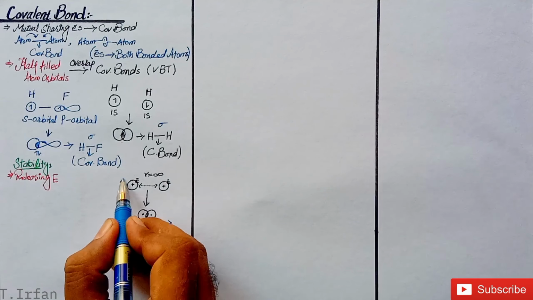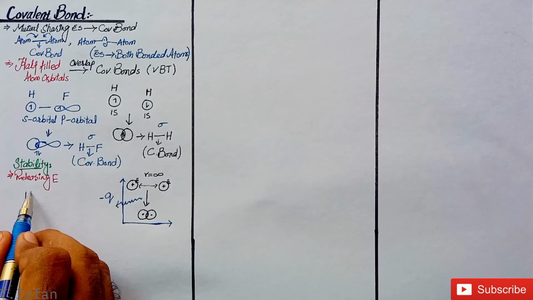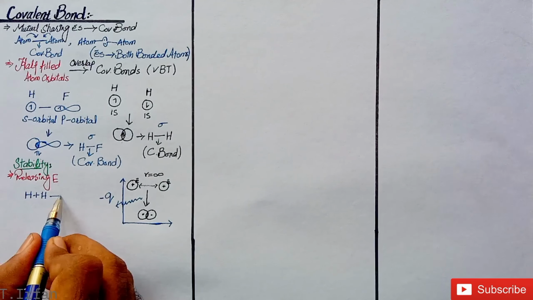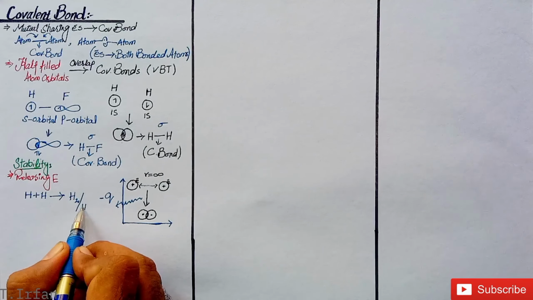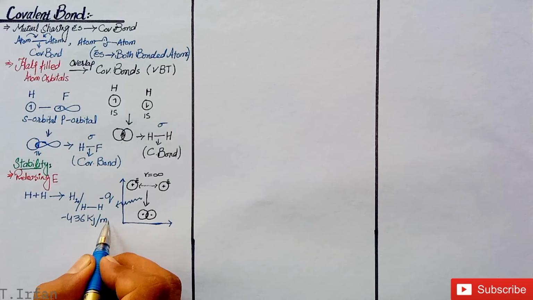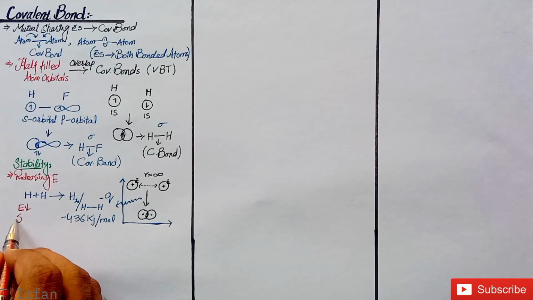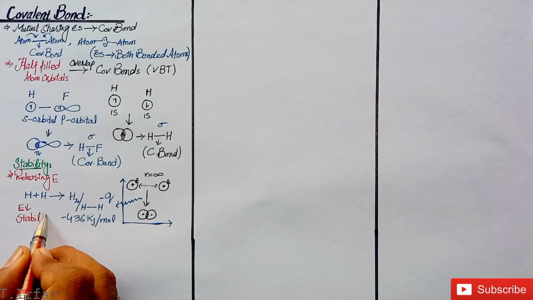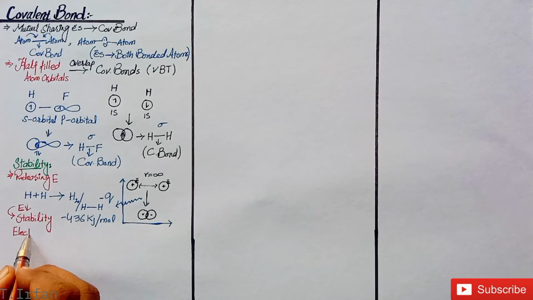At this distance, these atoms overlap and form covalent bond by releasing energy. So we can say that atoms release energy and form bond. And by releasing energy in this way, atoms gain stability. As in case of hydrogen, 436 kJ per mole energy is released.